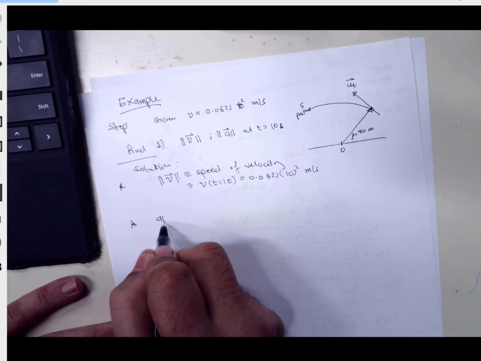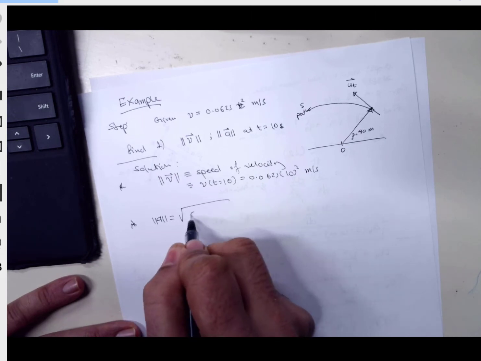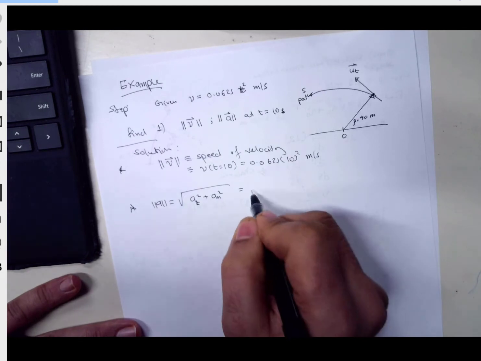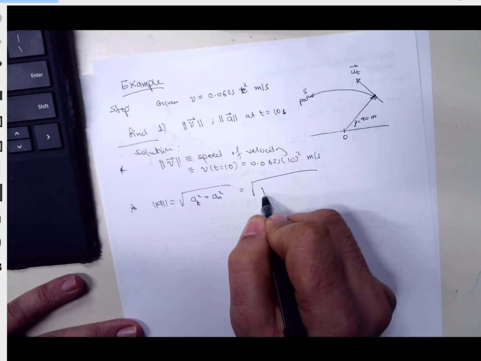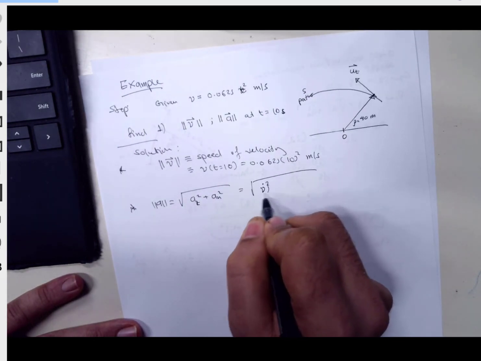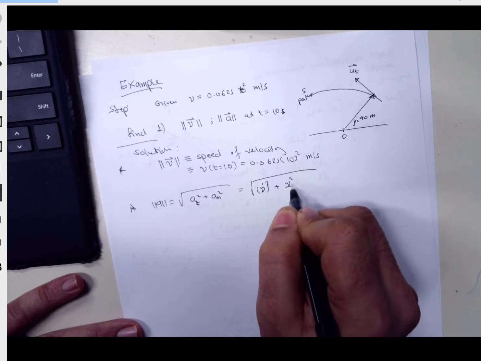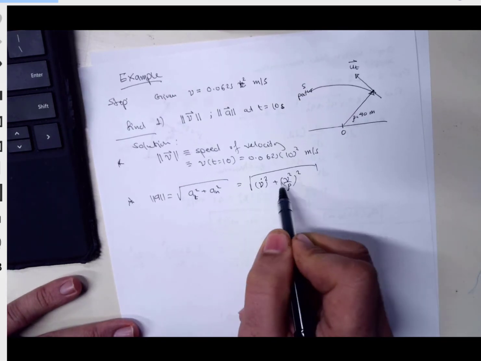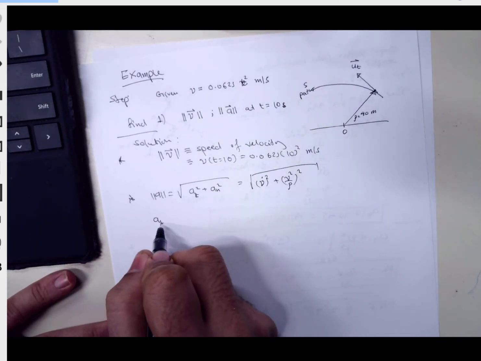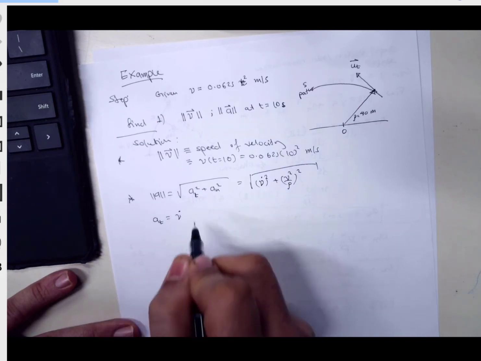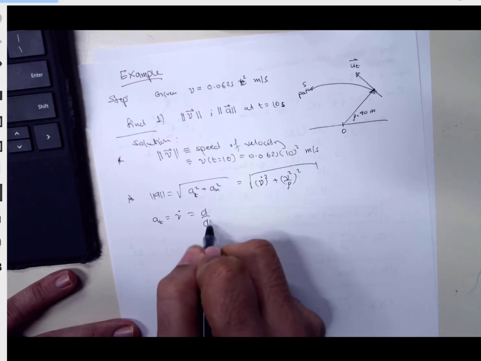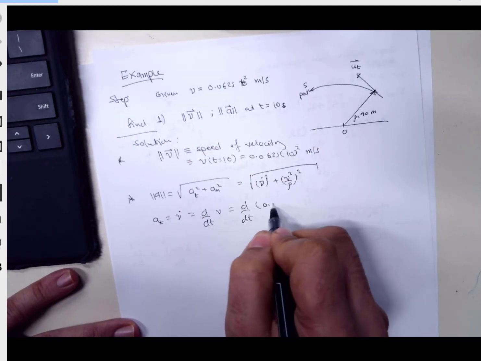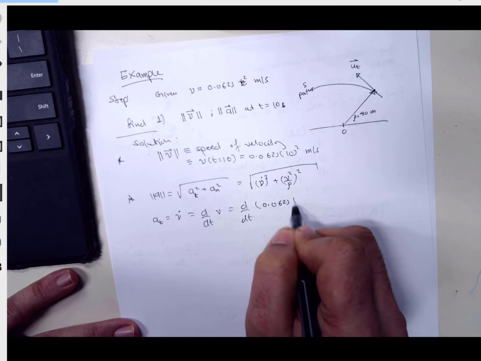Second one, we want to find the magnitude of the acceleration, which we know is equal to the square root of v dot squared plus v squared over rho squared, right? These are the components. So at is v dot, which is d over dt of 0.0625 t squared.